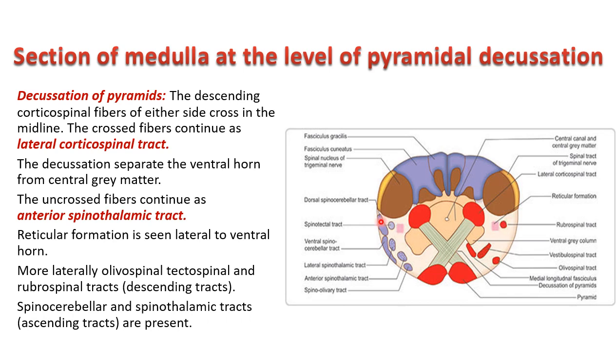And then you're able to see the anterior and posterior spinocerebellar and the spinothalamic tracts, the ascending tracts. Nothing much difference. Mainly you see the nucleus of this and the crossing of the pyramidal fibers.